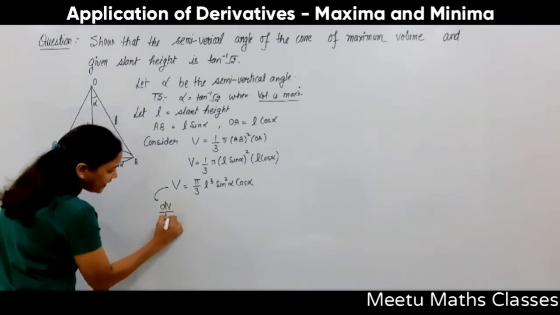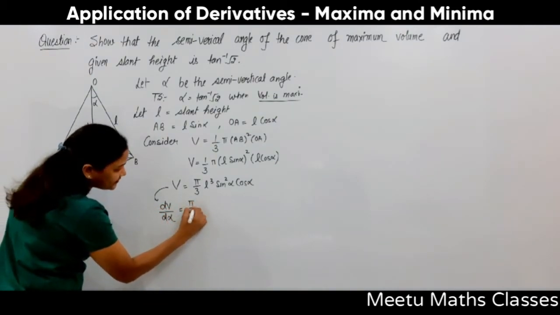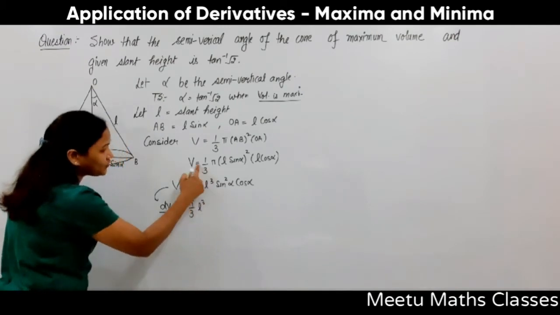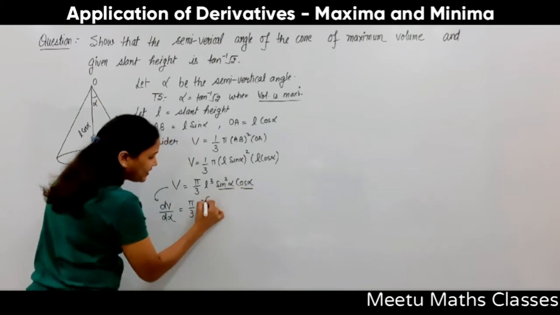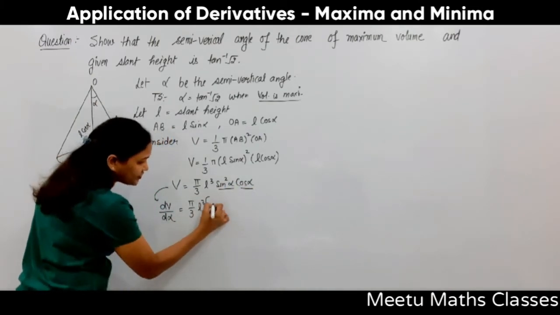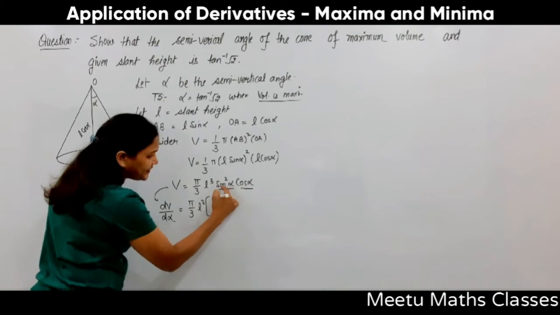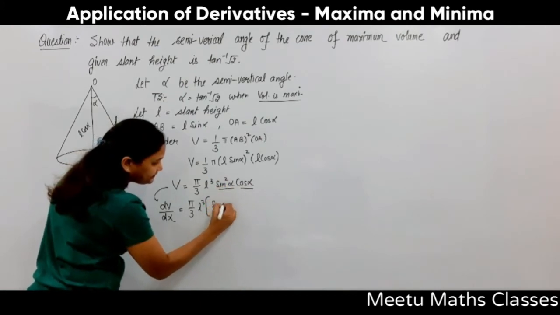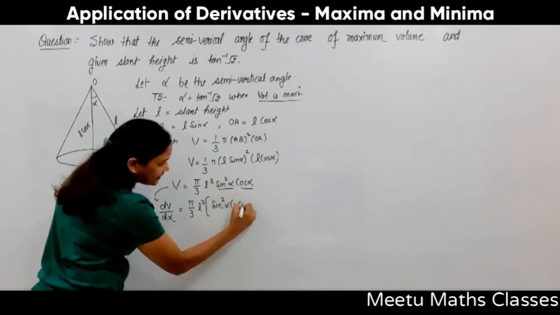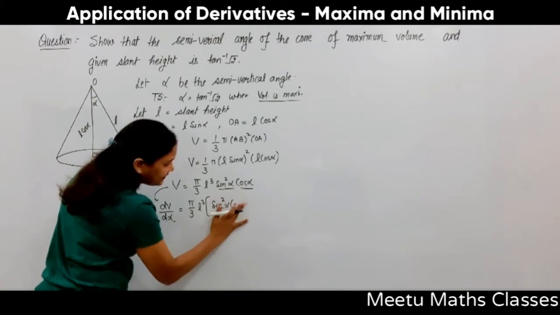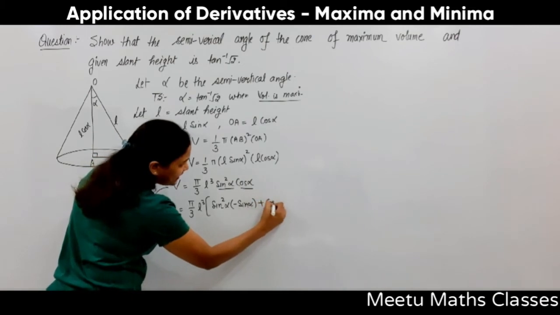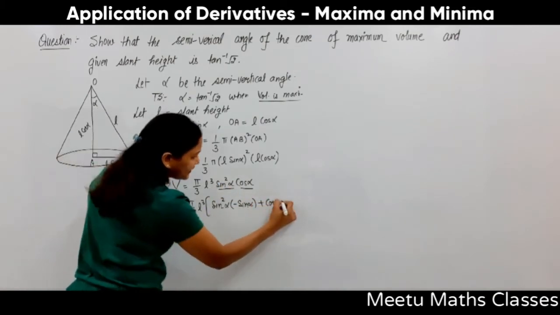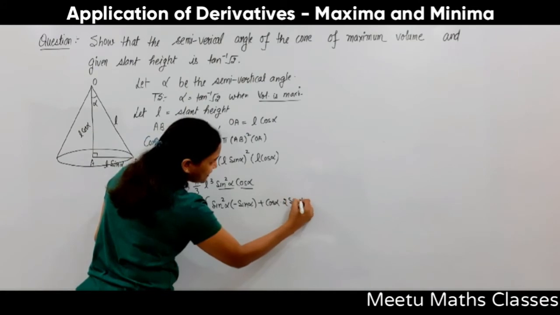So dV by d alpha will be pi by 3 L cube, they are the coefficient. Now apply the product rule on these two functions. It will be sin square alpha as it is, into the derivative of cos alpha, which is minus sin alpha, plus cos alpha as it is, into the derivative of sin square alpha, which is 2 sin alpha, and the derivative of sin alpha is cos alpha.